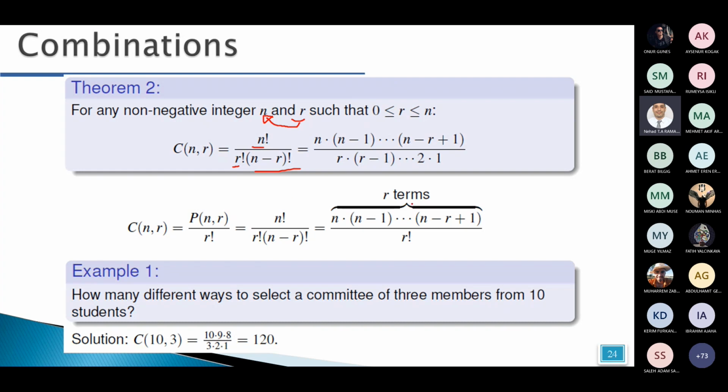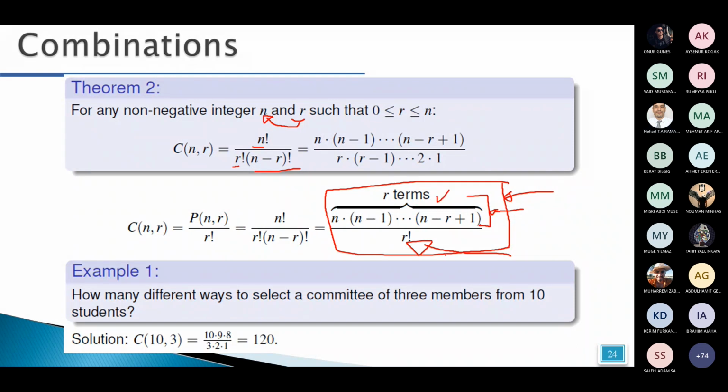Simply, this is the most simple rule. It's actually the permutation, the first R terms, divided by R factorial.